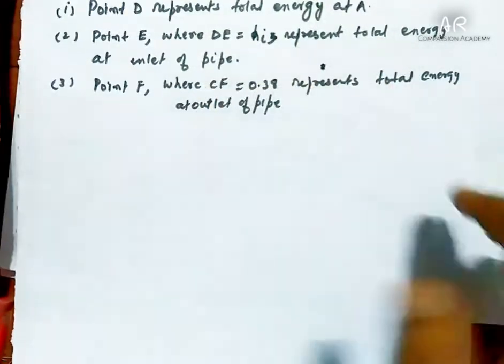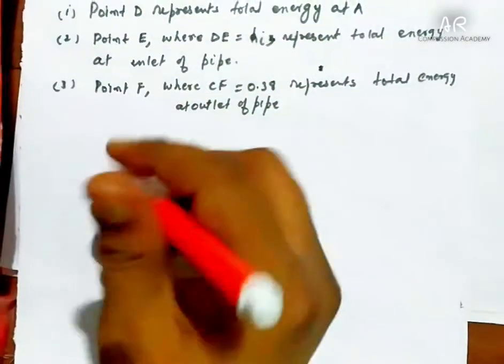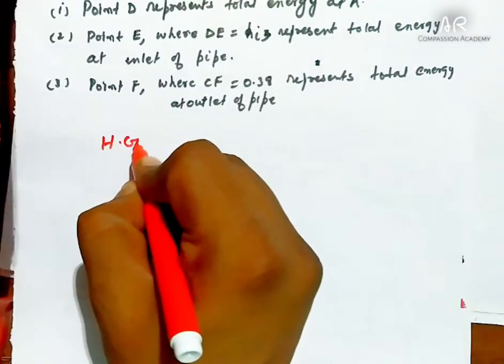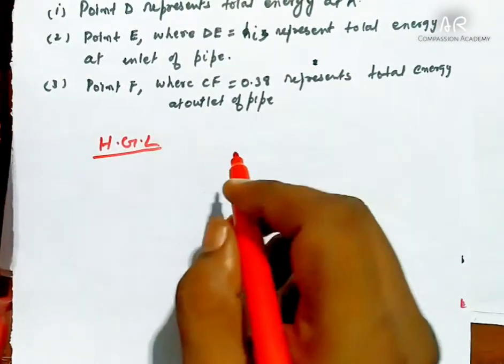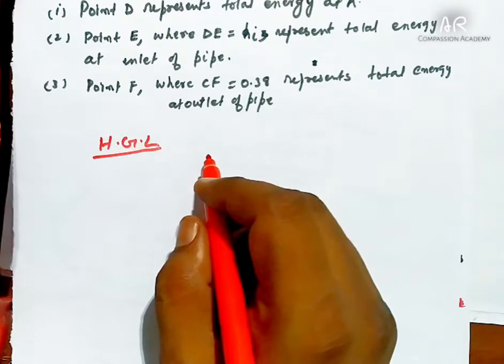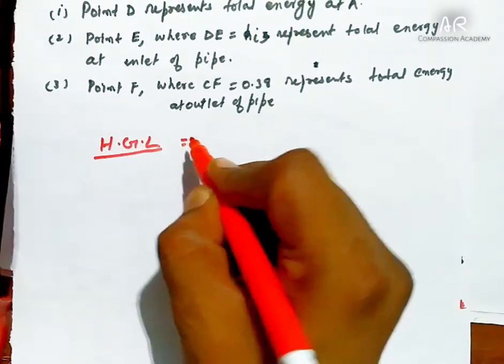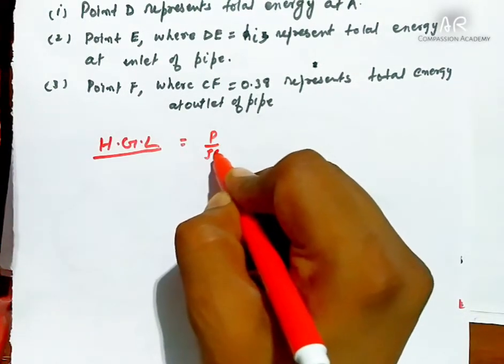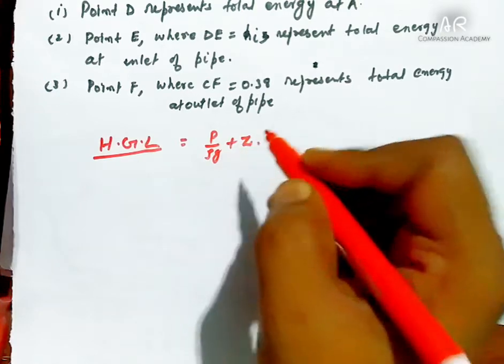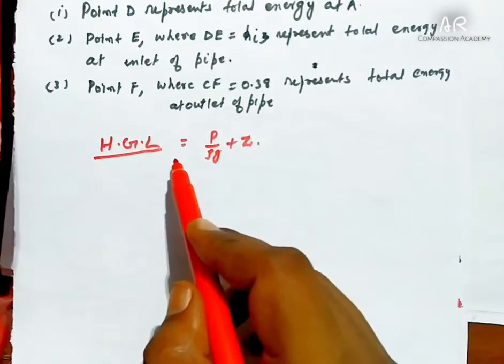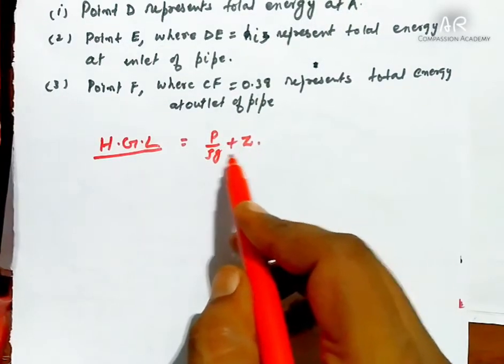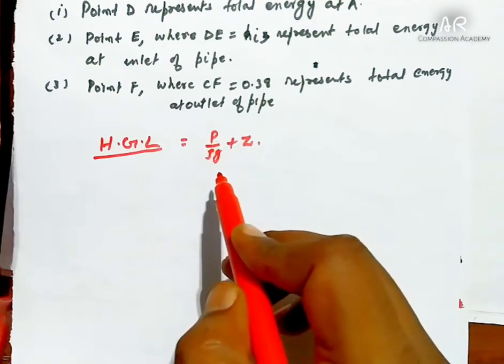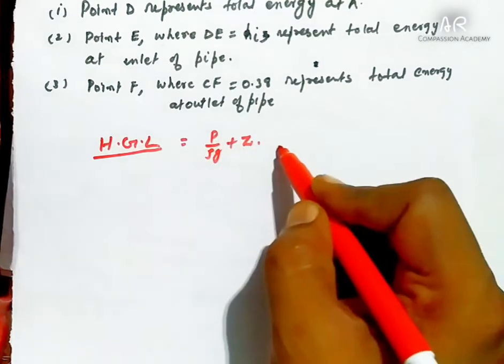Now if you draw the hydraulic gradient line, it is the sum of pressure head plus datum head. So if you subtract the kinetic head from the total energy line, then it becomes the hydraulic gradient.